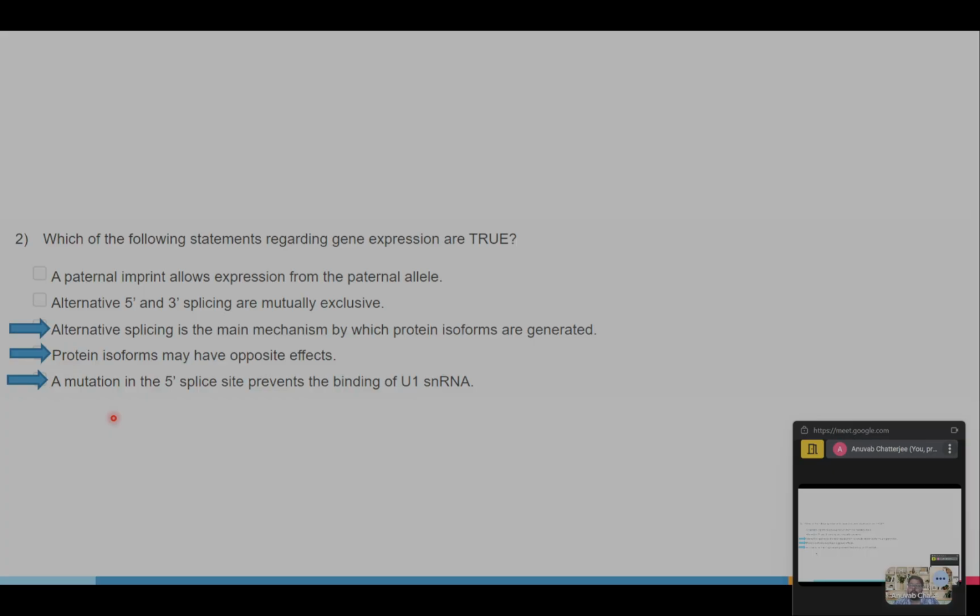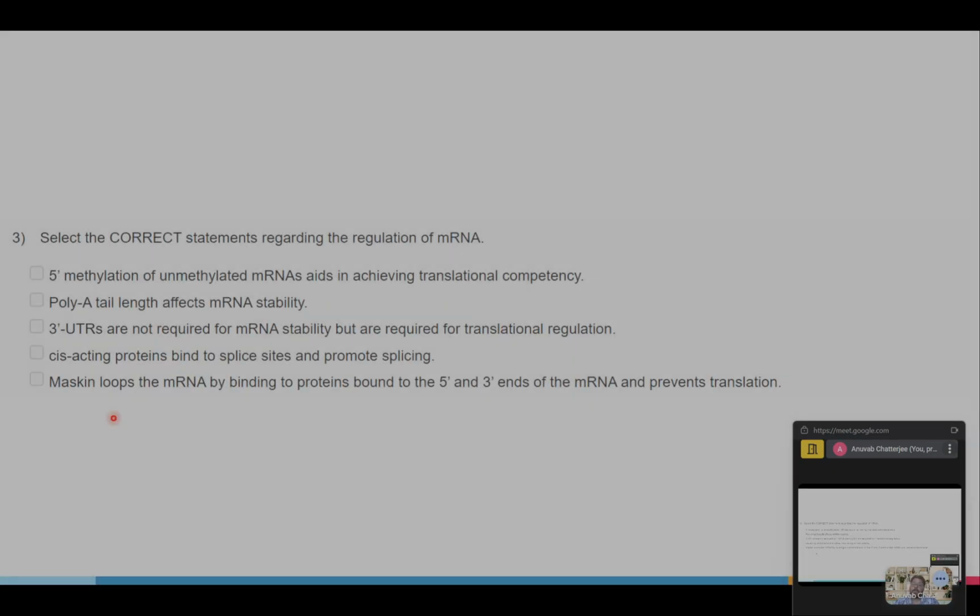Okay, moving on. The next question is: select the correct statements regarding the regulation of mRNA. The options are: 5' methylation of unmethylated mRNAs aids in achieving translational competency. Poly-A tail length affects mRNA stability. 3' UTRs are not required for mRNA stability but are required for translational regulation.